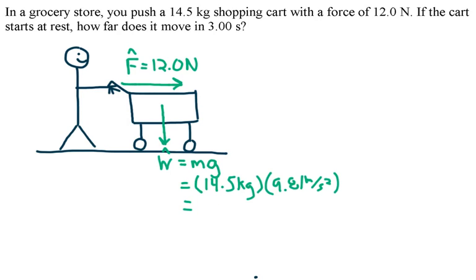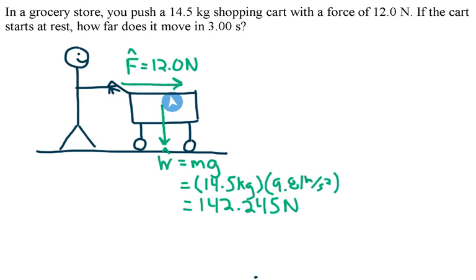That gives us a weight of approximately 142.245 newtons. And remember, I never round until the very end, so I'm going to leave all of these digits that show up in my calculator. Even though you may be tempted to round at this point, we never round until the very end.